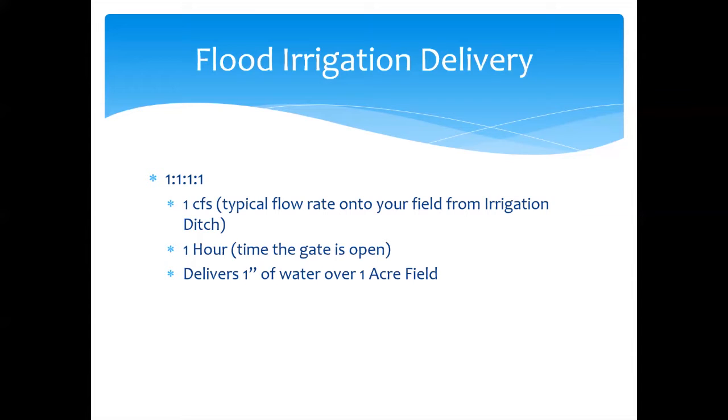So this is what all these rotations and hours of rotations are based on. So if you've got 40 acres, you would leave it open for 40 hours to deliver 1 inch with 1 CFS.